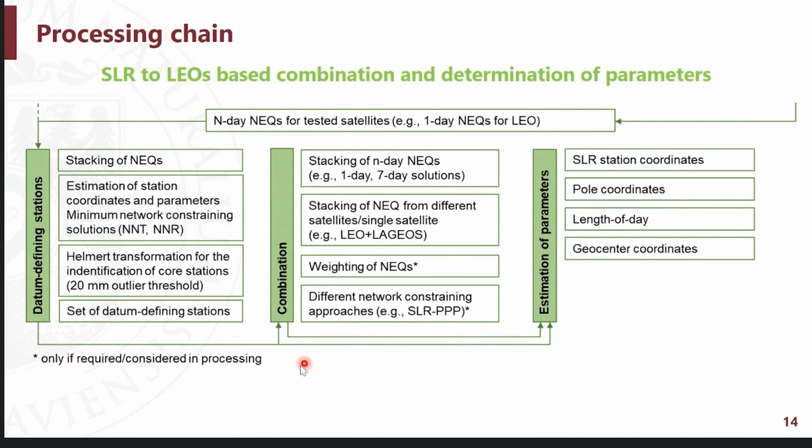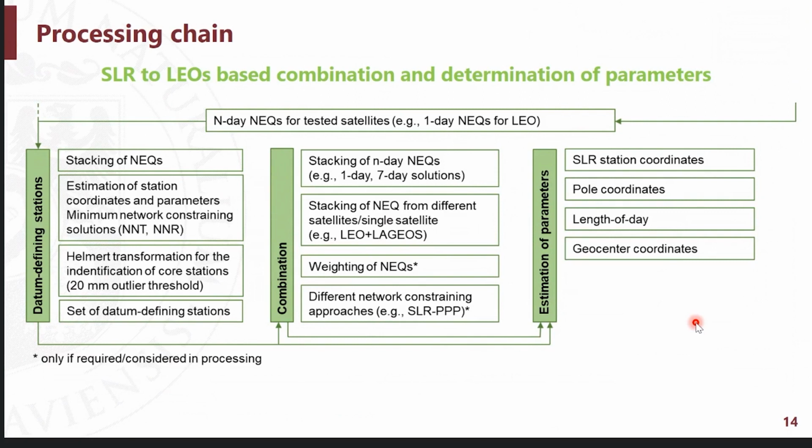It's followed by the combination test, in which I've tested different stacking of normal equation systems in terms of period of observations, choosing different normal equation systems for each satellite, weighting of normal equation systems, and constraining of parameters and the network. And finally, we have estimation of parameters, in which I've calculated station coordinates, pole coordinates, length of day, and geocenter coordinates.